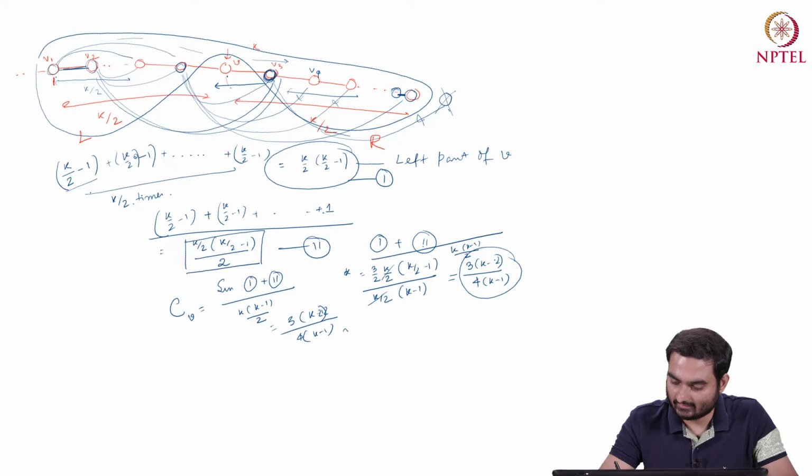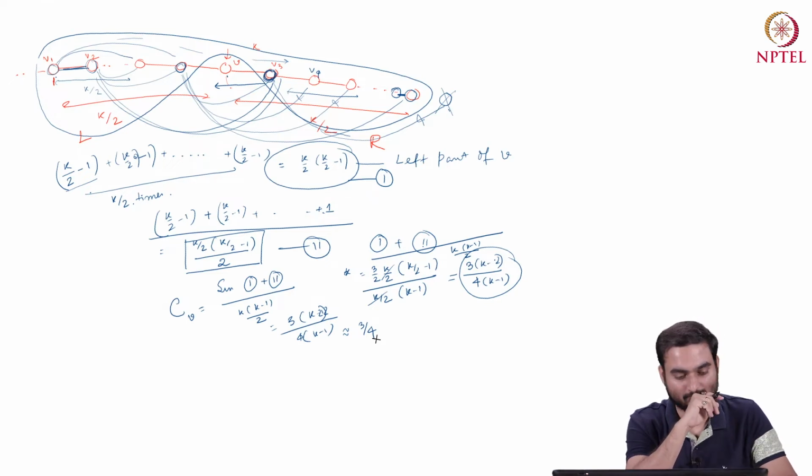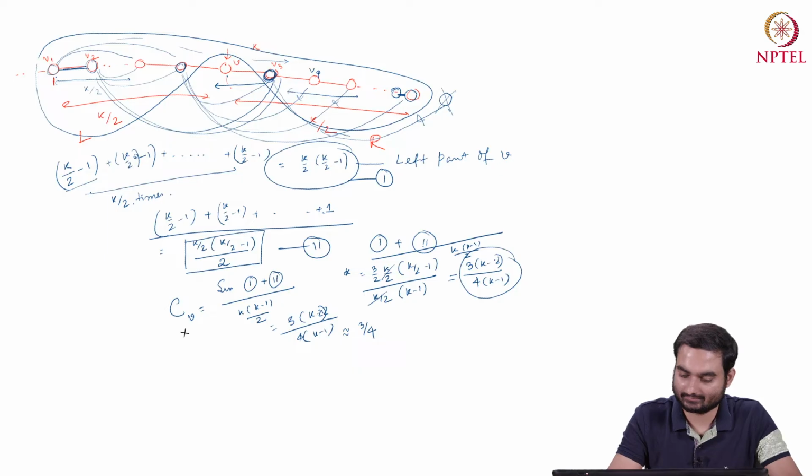Which, at the asymptotic level, is proportional to 3 by 4. So what does it indicate? It indicates that the local clustering coefficient of a node in a regular lattice network is always 3 by 4.